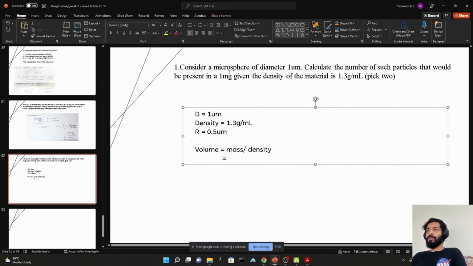We need to convert it to grams, 0.001 grams, divided by the density 1.3 gram per ml or centimeter cube.